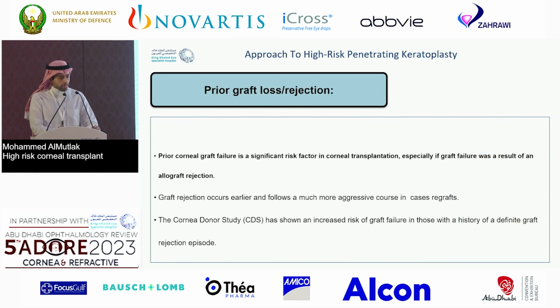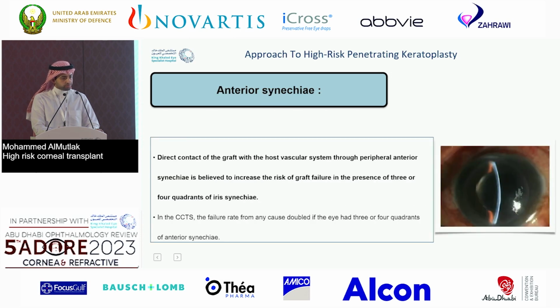A previous graft failure is a significant risk factor for transplantation, especially if it was related to a previous graft rejection. Graft rejection tends to be more aggressive and occurs early in cases of regraft. The Cornea Donor Study has shown an increased risk of graft failure in those with a history of definite graft rejection episode.